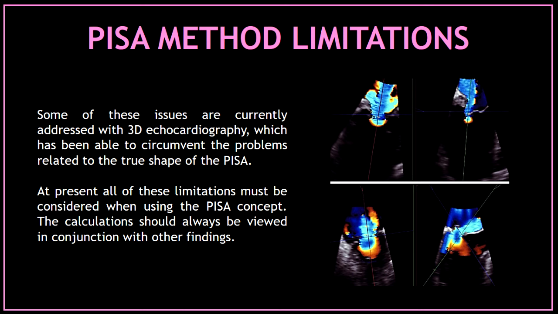Some of these issues are currently addressed with 3D echocardiography, which has been able to circumvent the problems related to the true shape of the PISA. At present, all of these limitations must be considered when using the PISA concept. The calculations should always be viewed in conjunction with other findings.